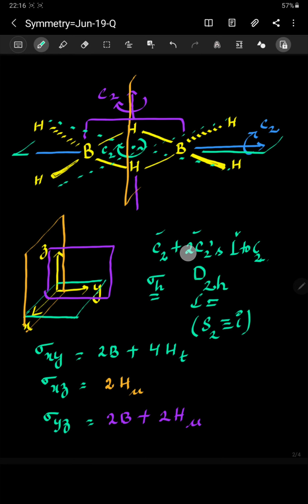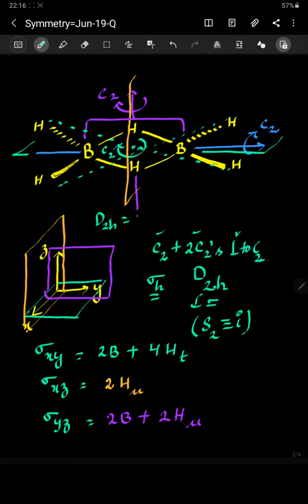So just with respect to these 3 symmetry elements, I can confirm that the point group is D2h, and if it is a D2h point group, the symmetry elements that should be present are the C2, 2C2 perpendicular to it, 2 sigma v, sigma h and S2, which is equivalent to inversion. If you count all these symmetry elements, that would give you 8.